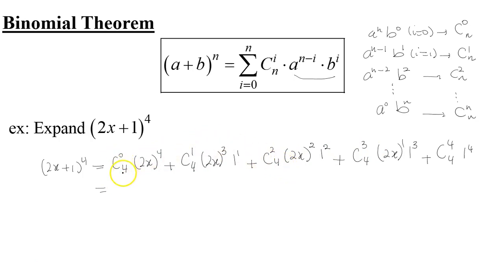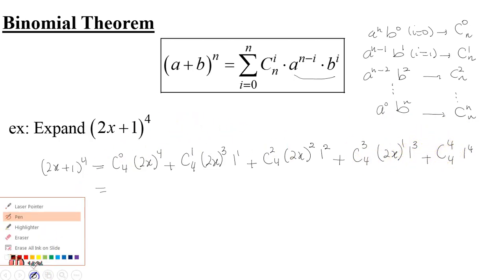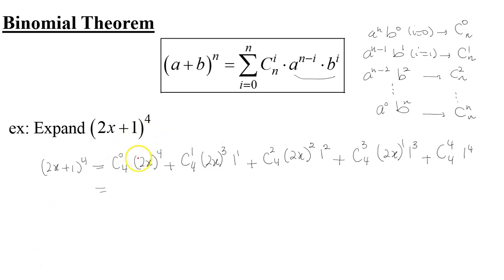Now the combination of 0 out of 4. We've already discussed in the previous lesson on the properties of combinations that whenever you have a combination where the number of selections is 0 or equal to the total number of objects, these combinations are equal to 1. So this is 1 and this is 1.